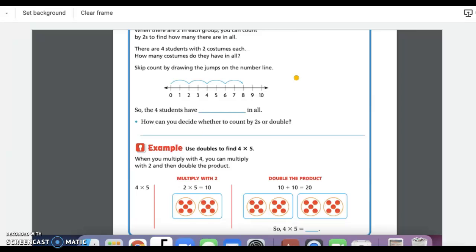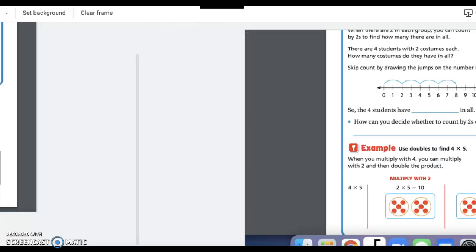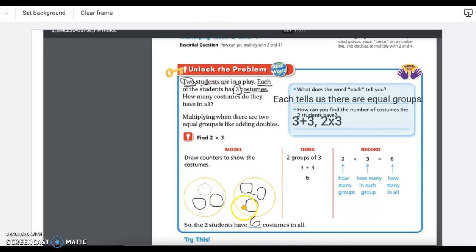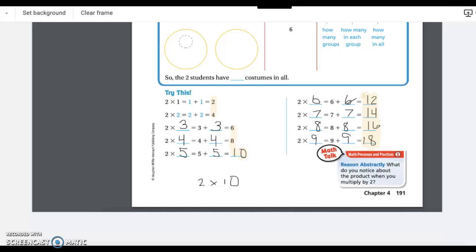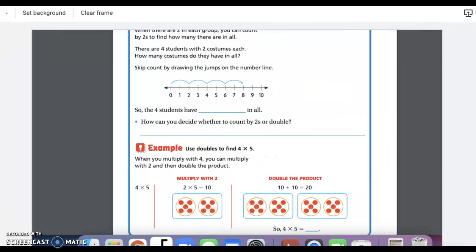Okay. Now, ready? Keep on rolling. You're going to turn to page 192. When there are 2 in each group, you can count by 2s. Before, on the first problem, there were 2 groups, and so we could double the number. In this problem, each group is going to have 2. There are 4 students with 2 costumes each.